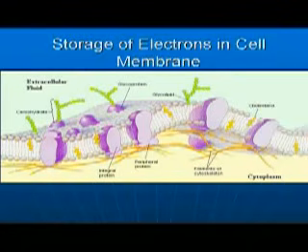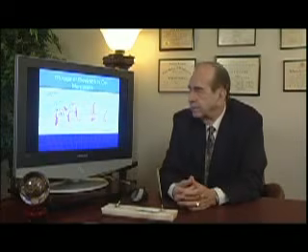And so our cell membranes are made up of a layer of electron conducting, another layer of electron conducting separated by an insulator. Well, any place in the universe you have two conductors separated by an insulator, it forms what's called a capacitor. A capacitor is simply a device that's designed to store electrons. And so the cell membrane that surrounds every cell is the cell's battery pack. It stores voltage for the cell to use to do its business.